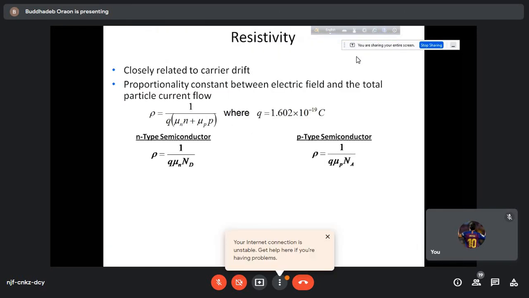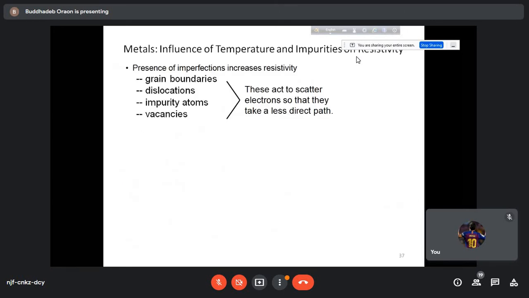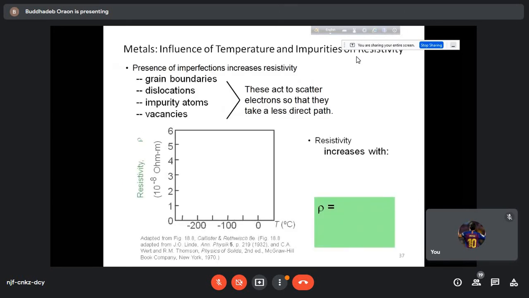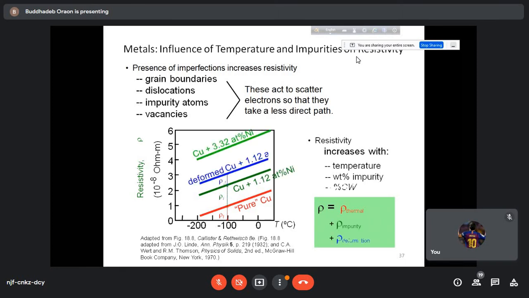These are some of the equations which will help us to calculate the resistivity of the material, or you can say the resistivity of alloys.